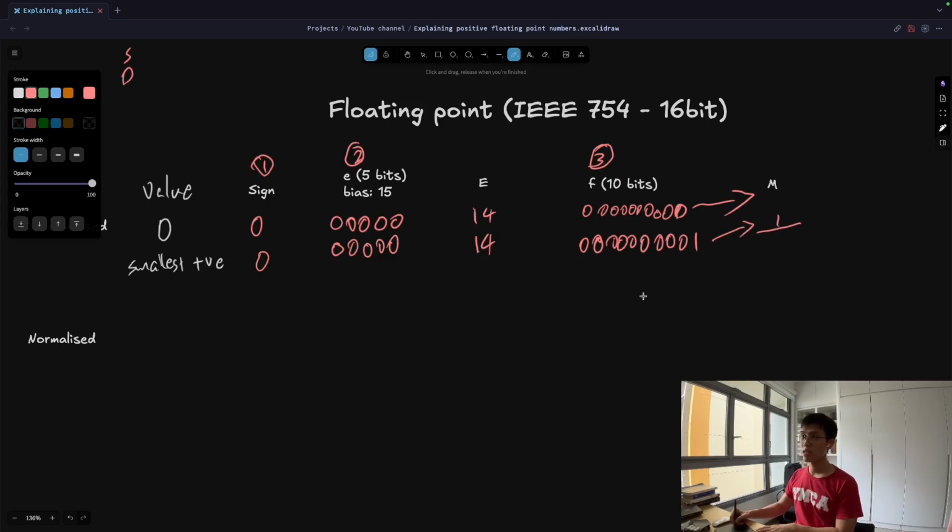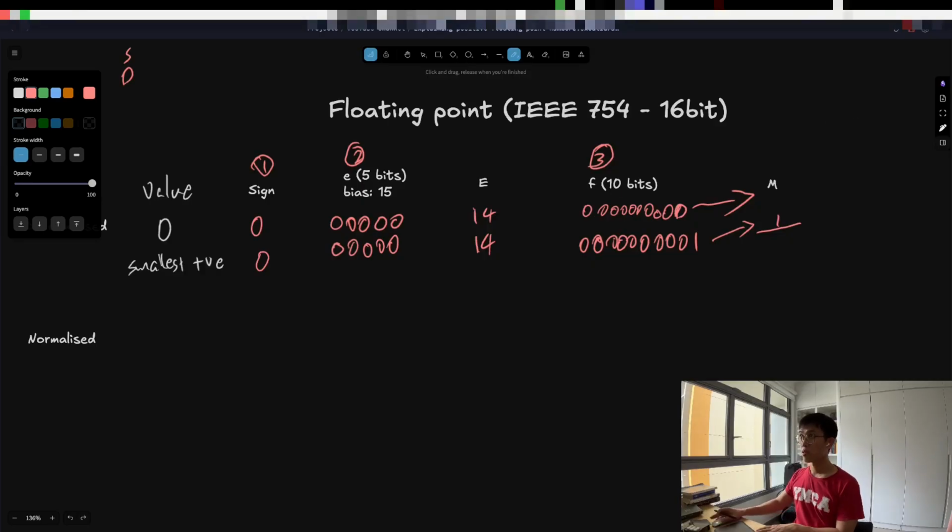And the denominator is, we count the number of bits, right? So this is 10 bits. We have 10 bits.